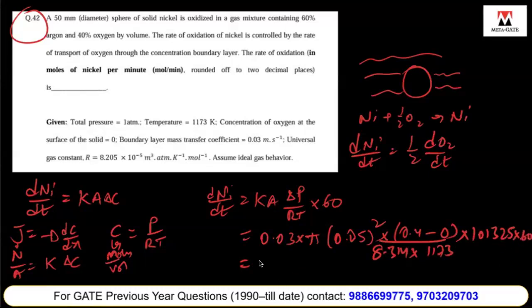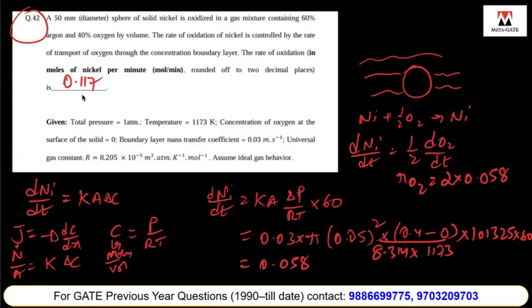So you get 0.058. For oxygen, it is 2 times the rate of nickel. So the rate of O2 is equal to 2 into 0.058, which is 0.117.